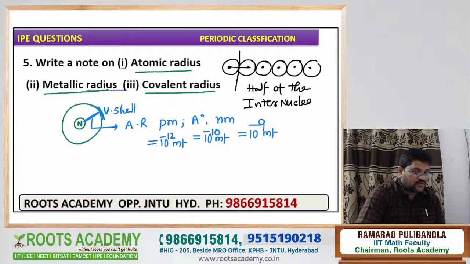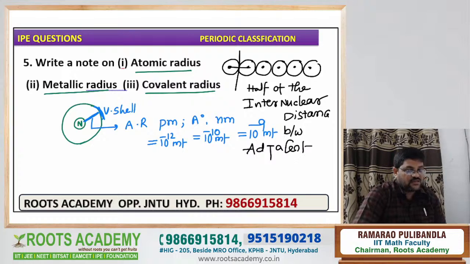Simple explanation, no confusion: half of the internuclear distance between adjacent metal atoms.